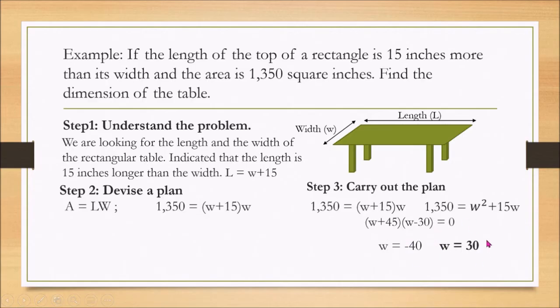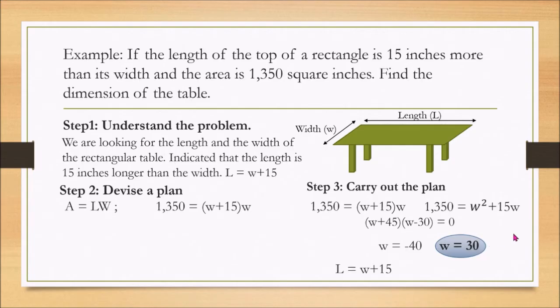Then, of course, we need to choose the positive value. Again, this is not 40, this is 45 supposedly, because 45 times 30 is 1,350. So we choose the positive value.